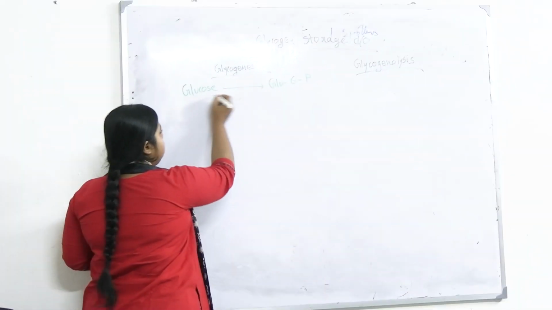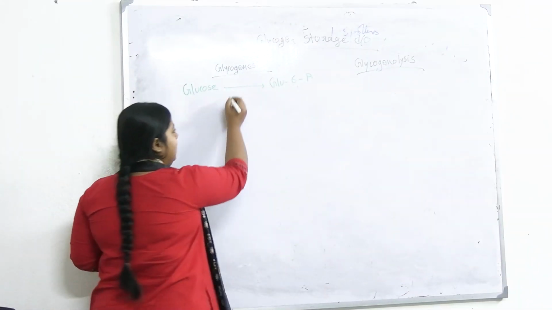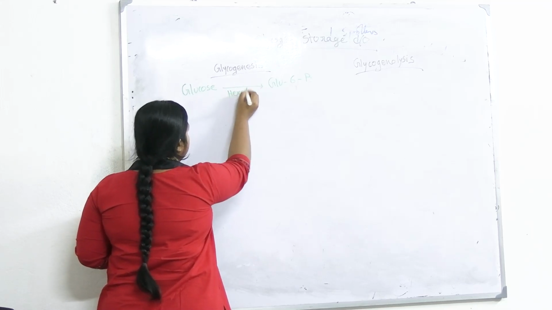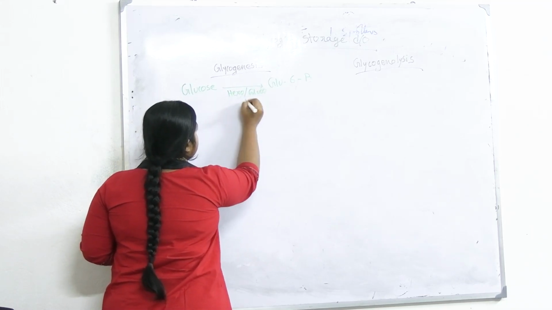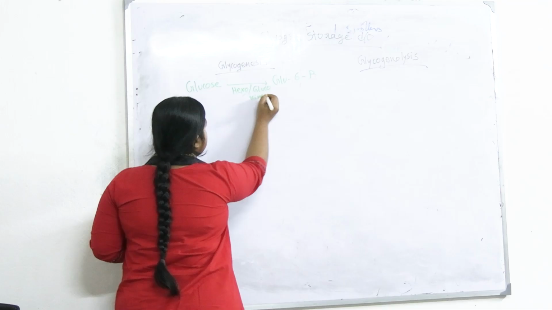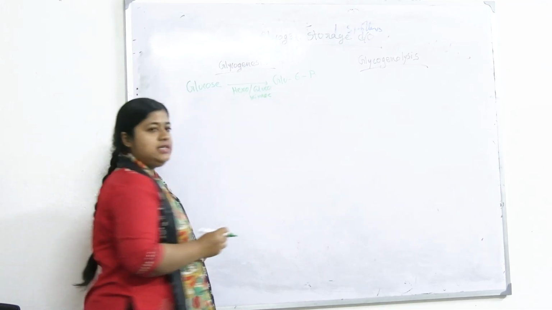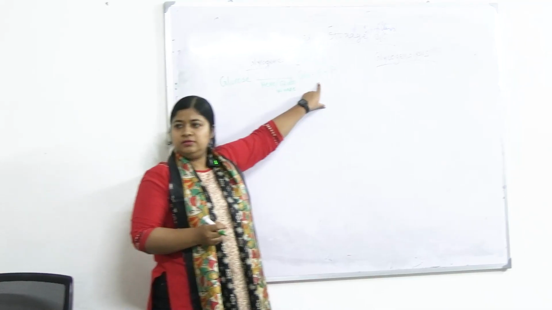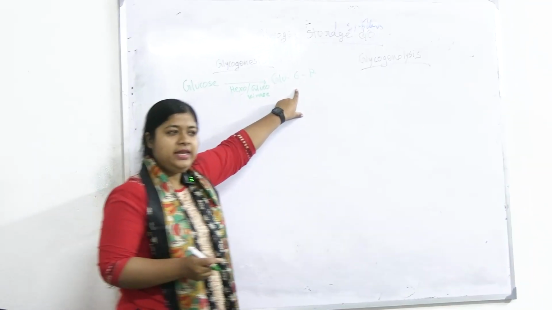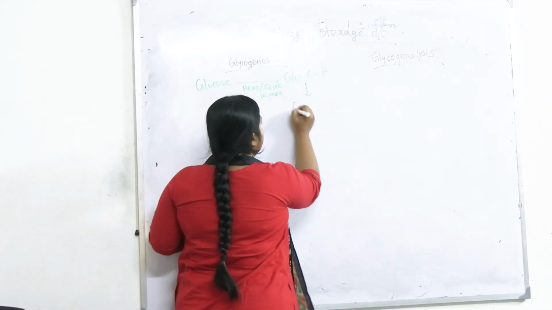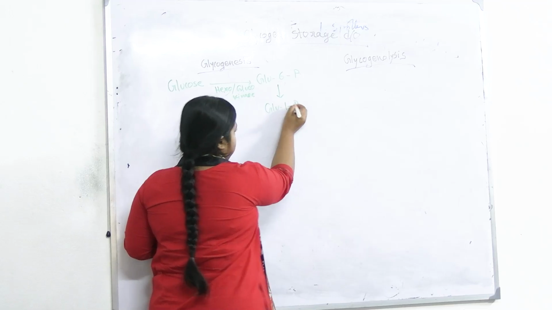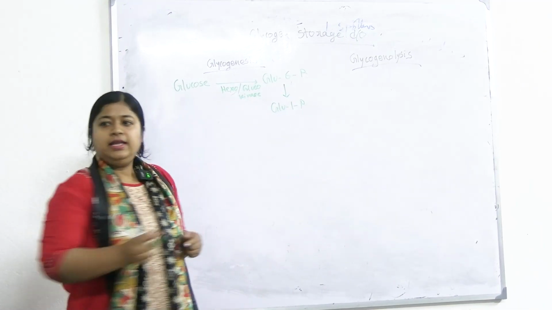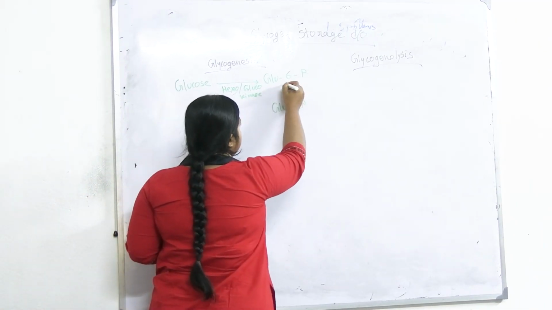So what are the enzymes? Hexokinase or glucokinase. Okay. Next, for glycogenesis, is glucose 6-phosphate enough? No, we need glucose 1-phosphate.